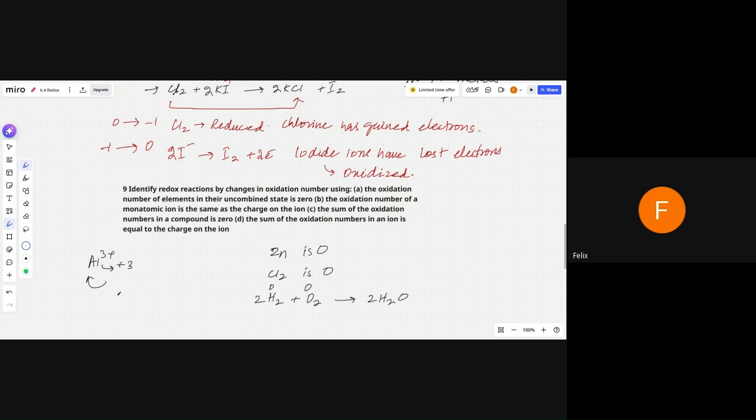Now, for example, Cl negative has an oxidation state of -1, N 3 negative has an oxidation number of -3, and O 2 negative has an oxidation number of -2. So, very simple. The third rule is that the sum of the oxidation numbers in a compound is 0.